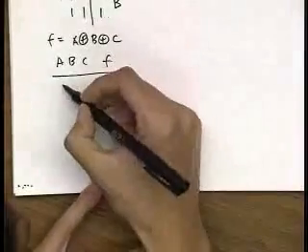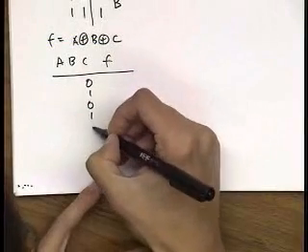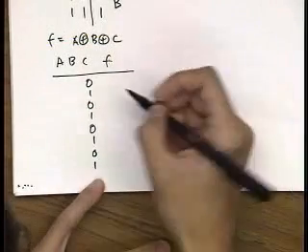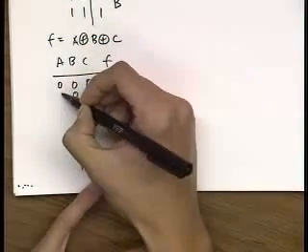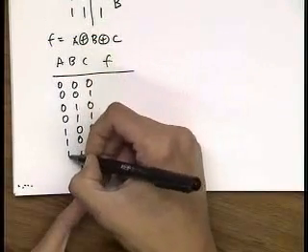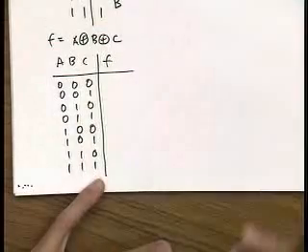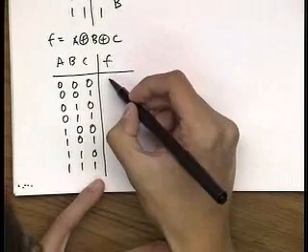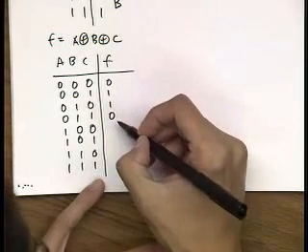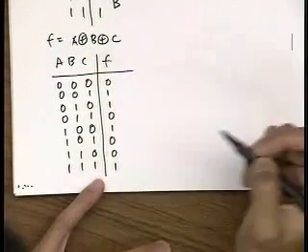So it's 0, 1, 0, 1, 0, 1, 0, 1 for c, 0, 0, 1, 1, 0, 0, 1, 1 for b. So a XOR b XOR c would just give you 0, 1, 1, 0, 1, 0, 0, 1.